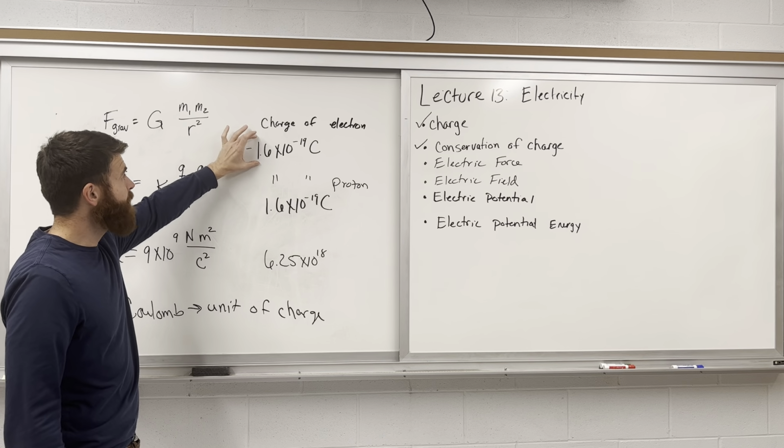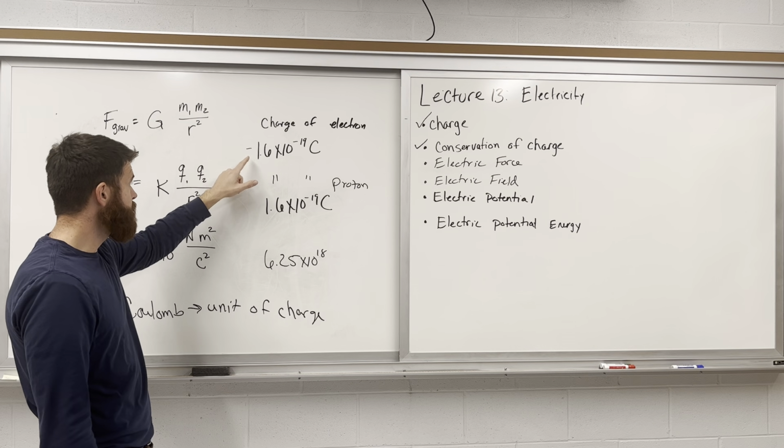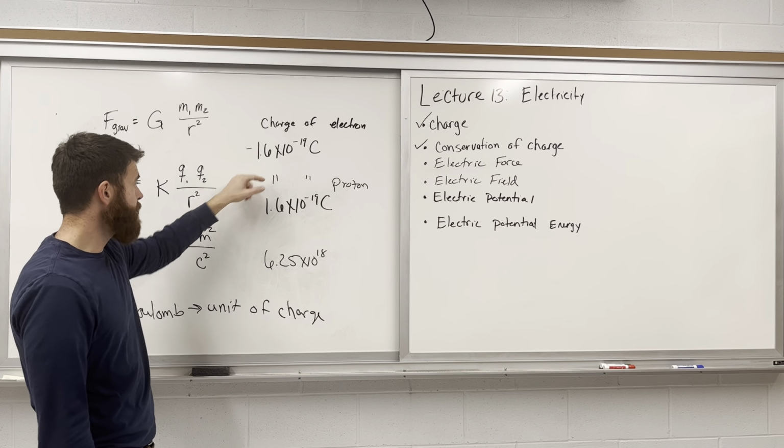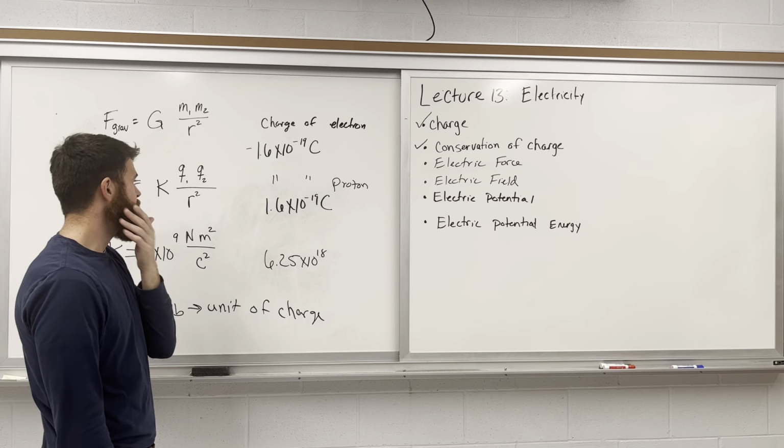If you had 2 electrons, you'd have a charge of negative 2 times 1.6 times 10 to the negative 19, so negative 3.2 times 10 to the negative 19. So all charge in the universe exists as integer multiples of this number, either positive or negative, because that's the charge of 1 proton or 1 electron. So that's what a coulomb is. It's the unit of charge we use.